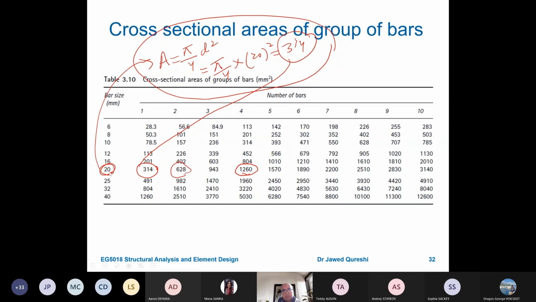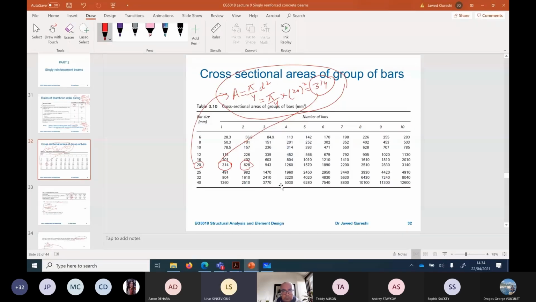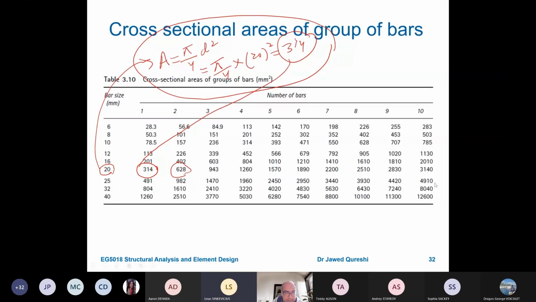And the background to this is that we simply work out the area of these bars using the formula for a circle, which is pi by 4 d square. From here, you can simply work out the area, 314, which is here. Then you multiply it by 4 to get this number. Where do you normally use 32 and 40 mil bars? Is it bridges?